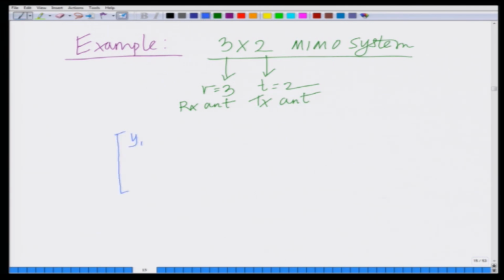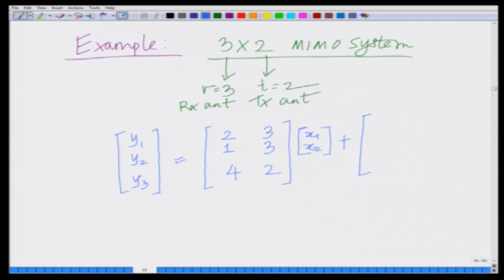Let us say this system model is given as Y1, Y2, Y3 is equal to the matrix with rows 1 3, 2 3, 1 3, 4 2, times x1, x2, which is the transmit vector, plus of course I have my noise, which is W1, W2, W3, and this is my channel matrix, which is H, which is a 3x2 channel matrix, since I have 3 receive antennas and 2 transmit antennas.